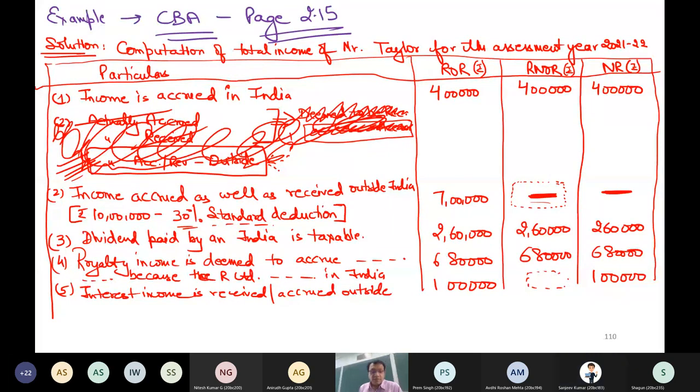Now the borrower is using this income for business purposes, but I'm not concerned about the business of the borrower. I'm concerned about the business of the income earner. And the income earner, Mr. Taylor, is earning this interest income under the head income from other sources. So this interest income is not from business and profession. So Mr. Taylor will show it here as nil, and this is the answer.